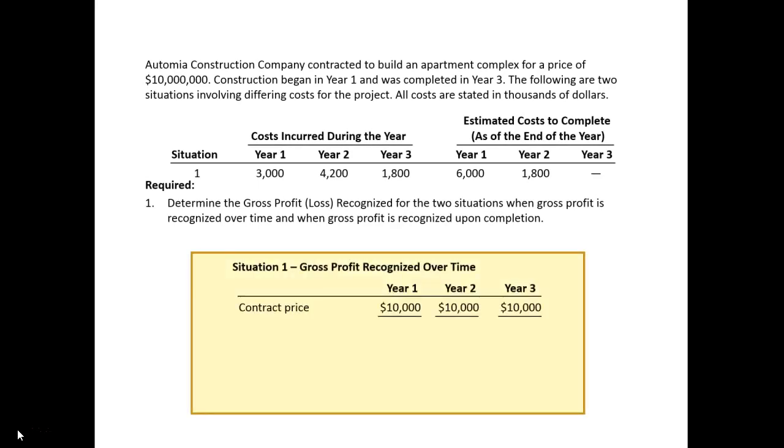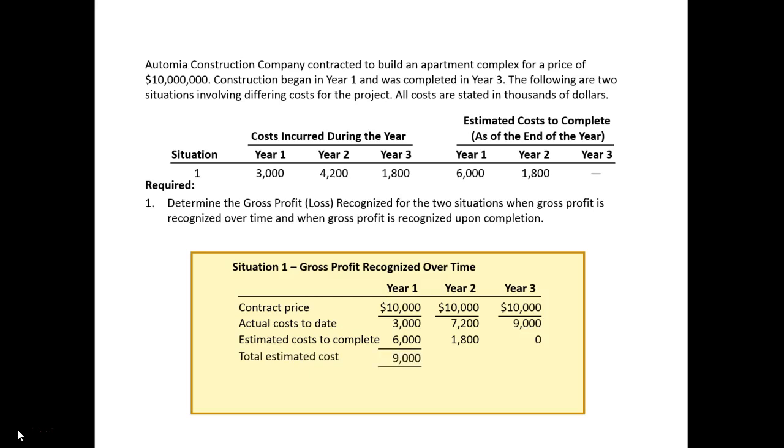So in situation 1, our contract price is $10 million. Actual costs to date for year 1 are $3 million, $7,200,000, and $9 million. Estimated costs to complete are given to us.